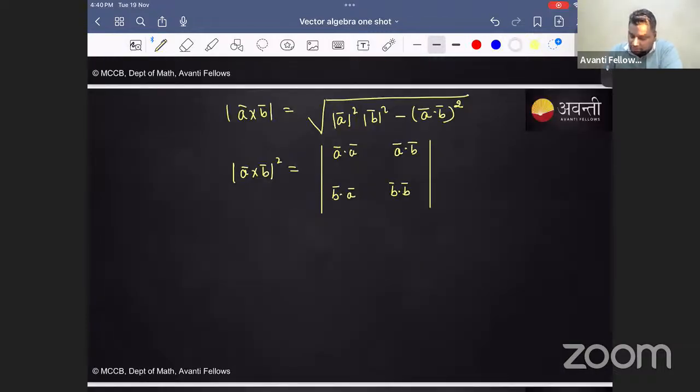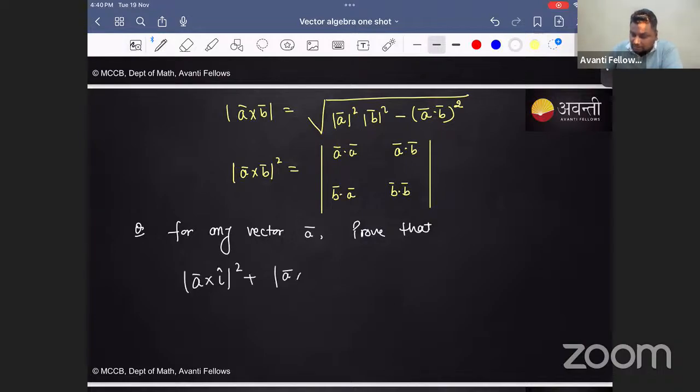Okay, just a small question. For any vector A, prove that mod of A cross I cap square plus mod of A cross J cap square plus mod of A cross K cap square is 2 times magnitude of vector A whole square. Yes, quickly try it.